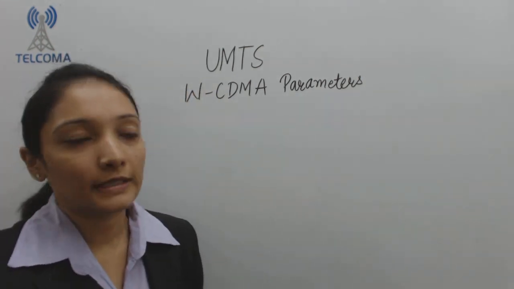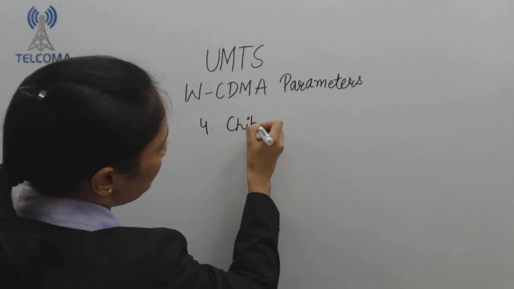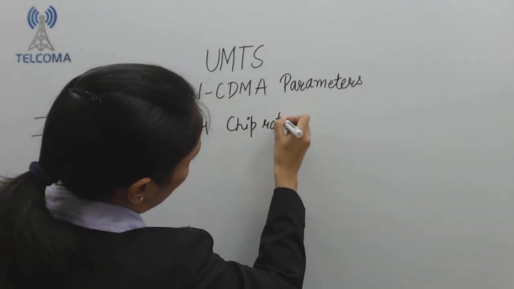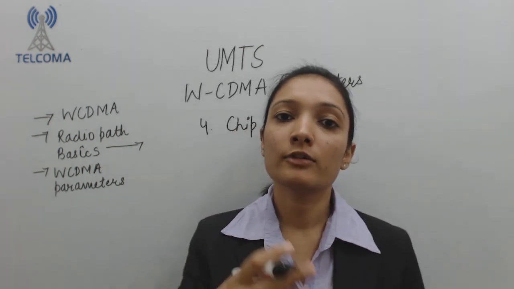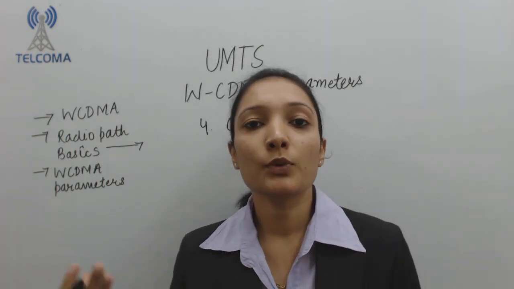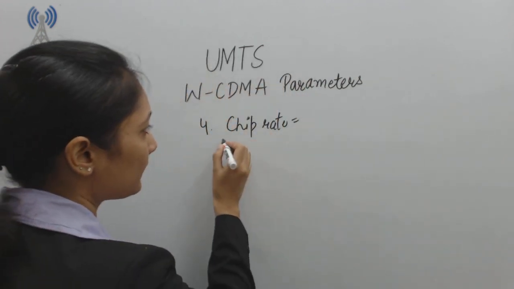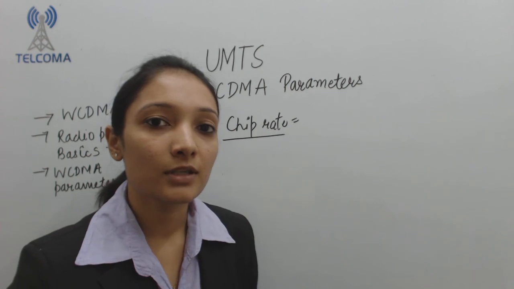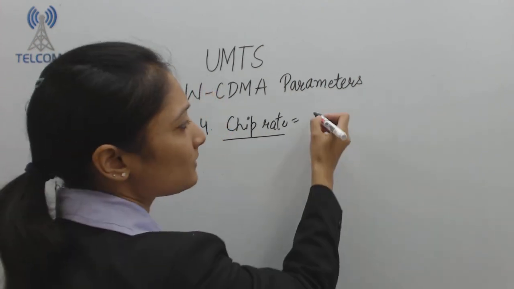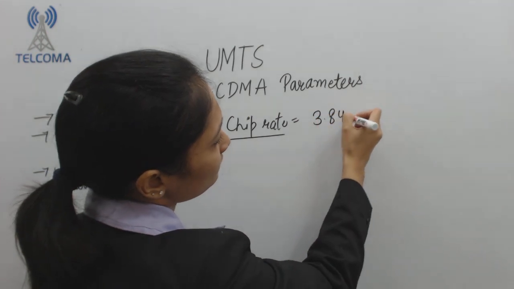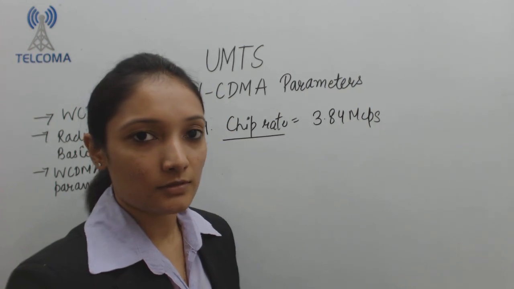Other parameters of WCDMA systems are like the chip rate. As I mentioned, the coding sequence is also called a chip. Now, as we talk about our data, when data is being transmitted, we say that this is the data rate. So we have the chip rate, at which rate these chipping sequences are generated. So this has been greatly enhanced in the case of WCDMA systems also, which is 3.84 Mcps.